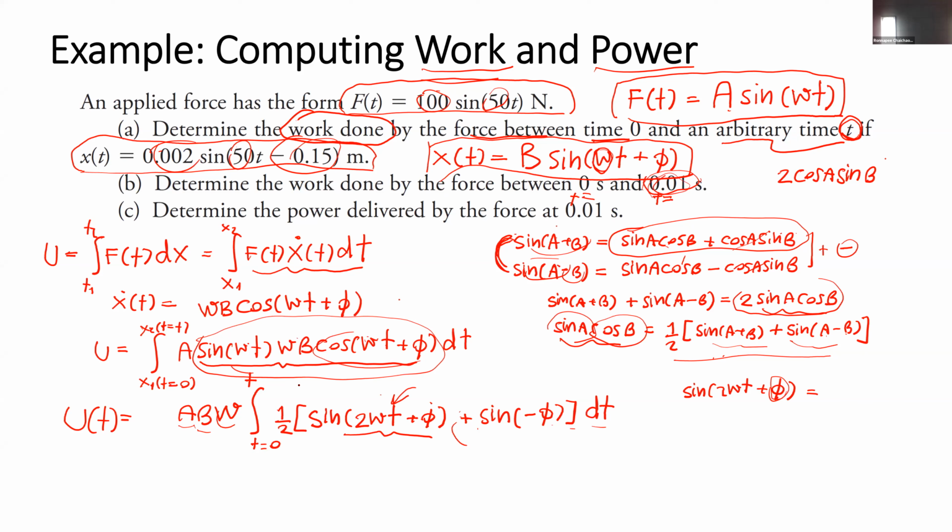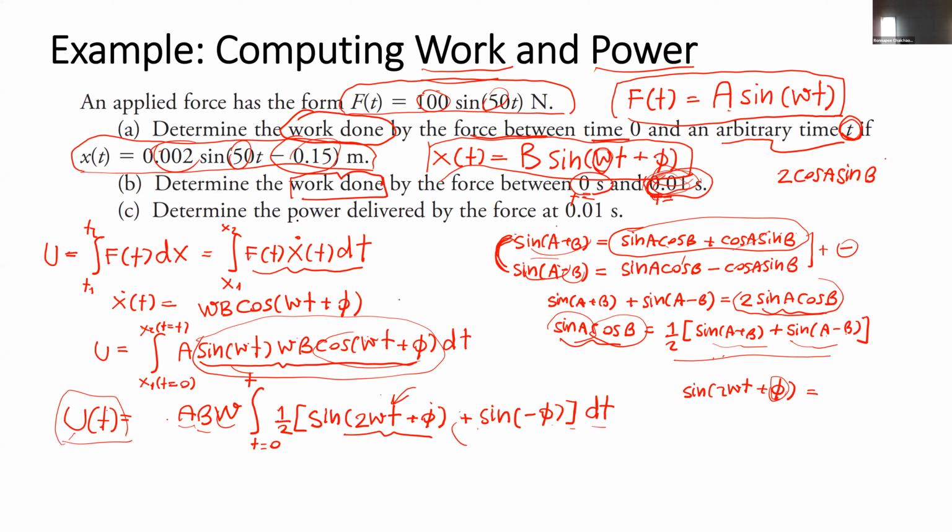After you obtain the integral, the integral will be written in terms of the variable t. You just put t in the solution, and you can get the numerical value for the work done in the interval from 0 second to 0.01 second.